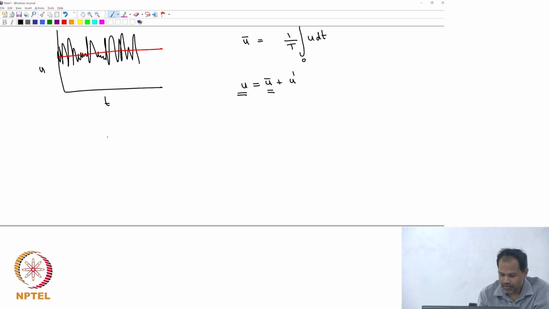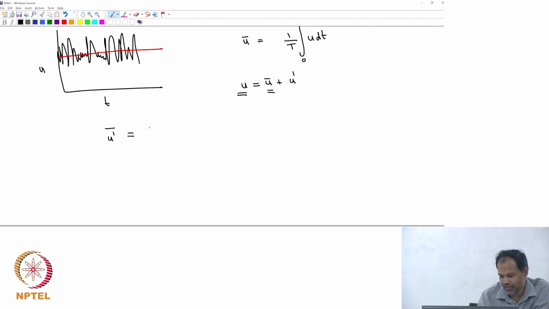What would be u prime bar? So, what is u prime bar? The mean of the fluctuating component. What do you think that would be? It should be 0. So, let us prove that.